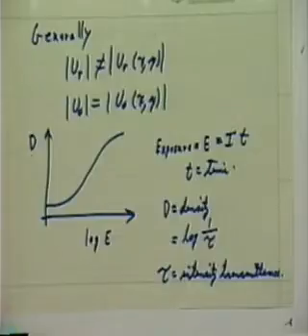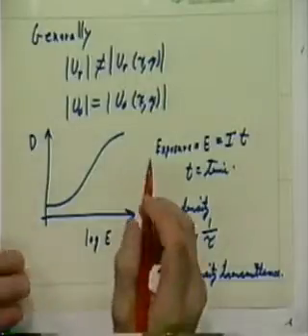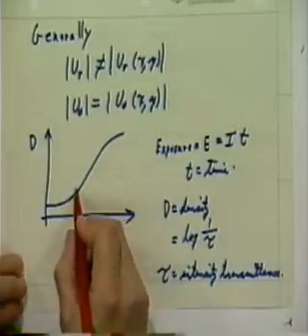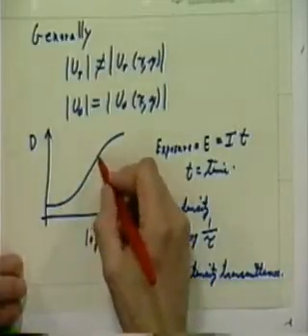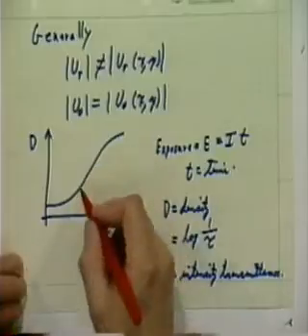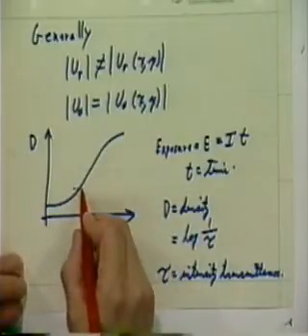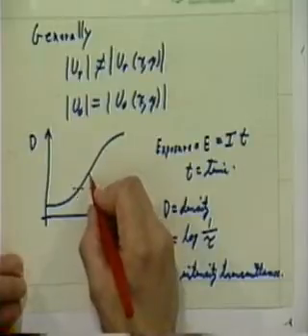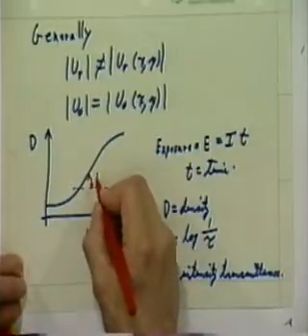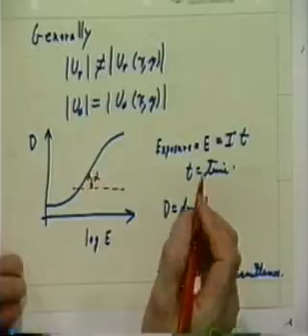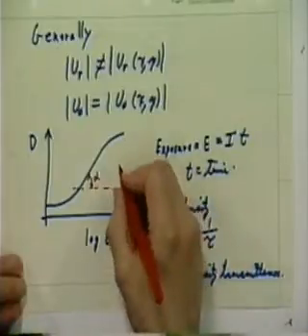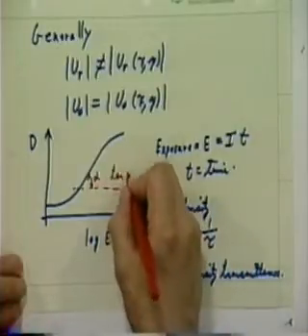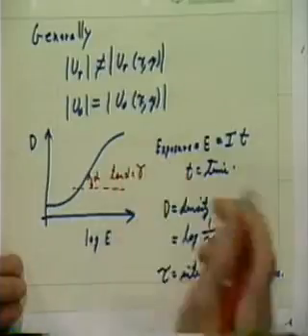And then the other thing that we normally do when we do this curve is that there's a region here that's nearly a straight line. And so if we let this angle here be alpha, the tangent of alpha is what we'll call gamma.